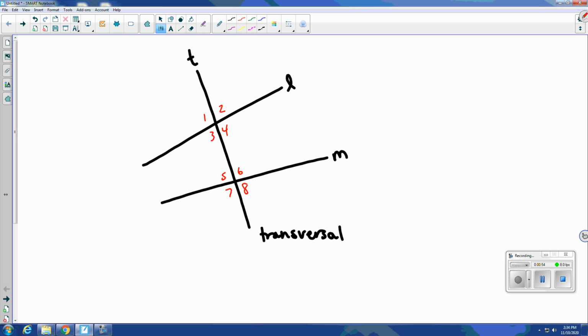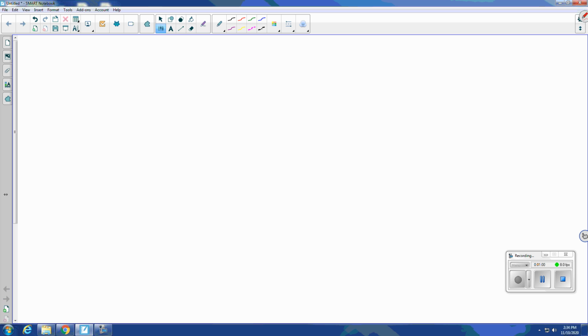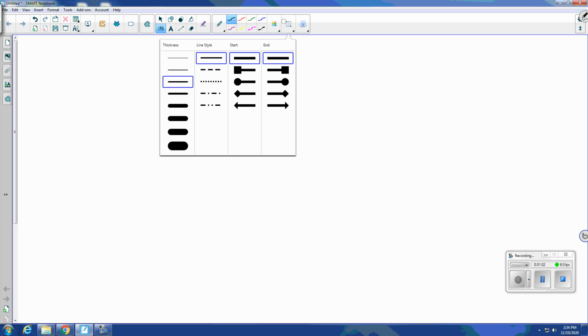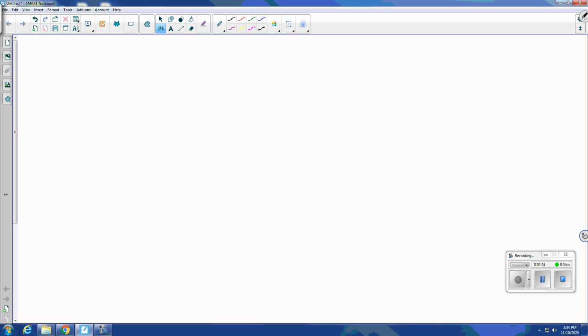So, given that this unit deals with parallel and perpendicular lines, let's say we have two lines that run parallel to each other and are cut by a transversal.